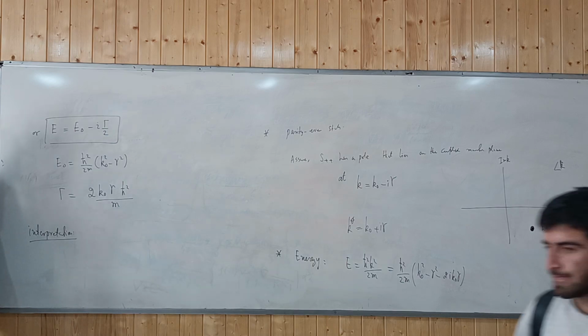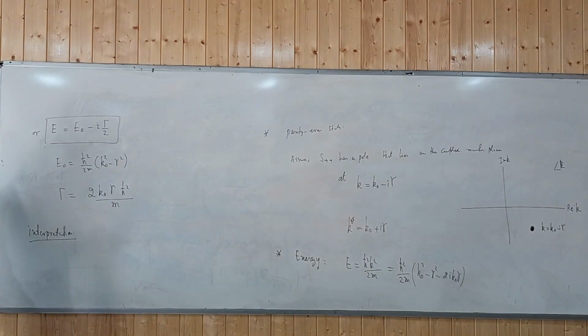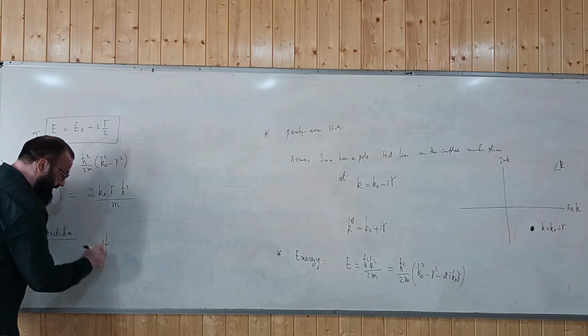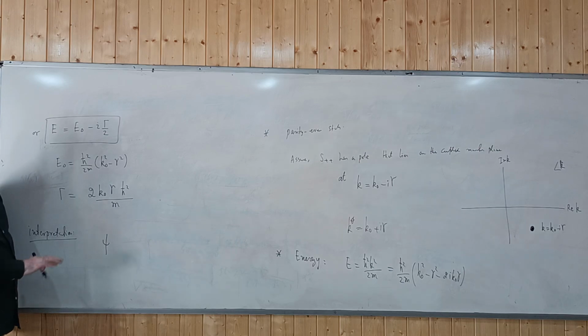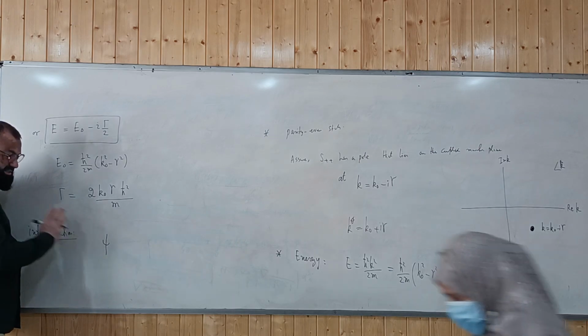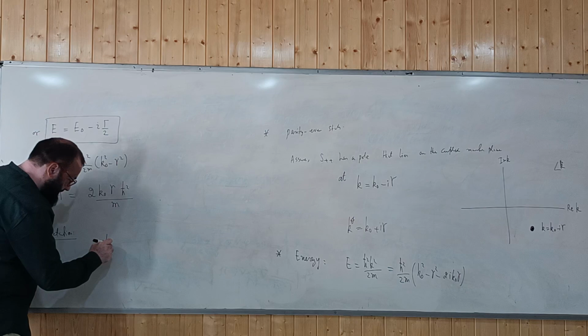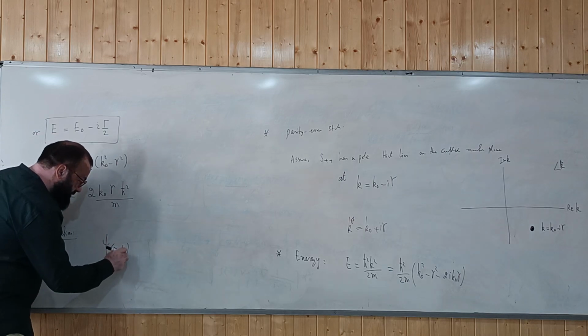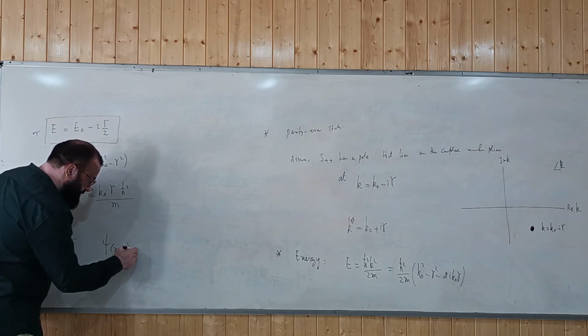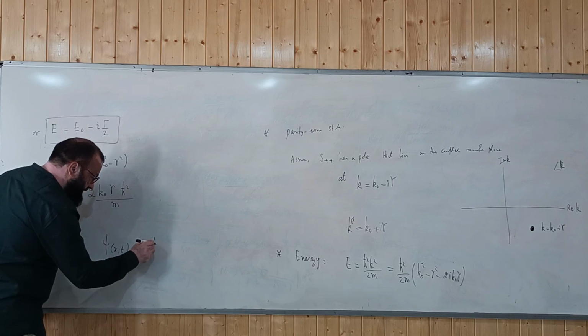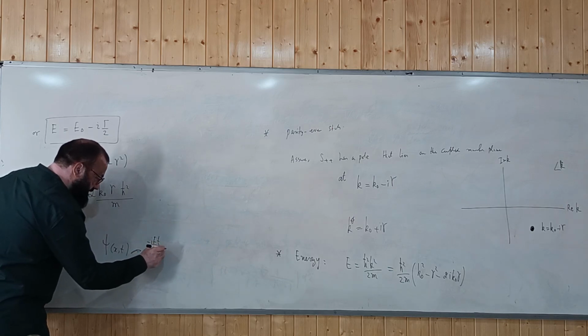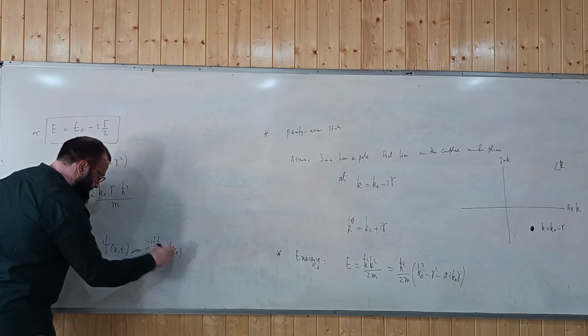So how do we write the wave function? If you have to figure out the time dependence of the wave function, how do you do it? Let's say you have some state vector psi, a state of the particle described by psi. At a certain time, you write it essentially as e raised to the power minus i E t by h cross, times psi of x.